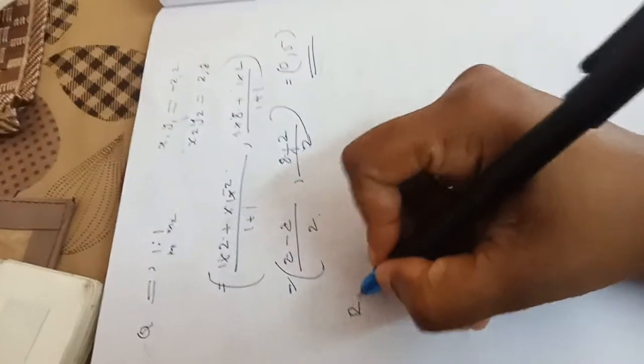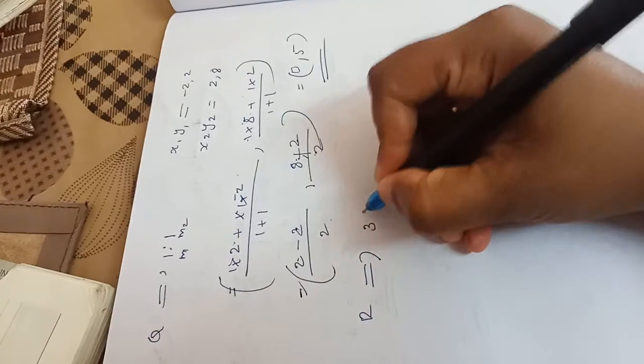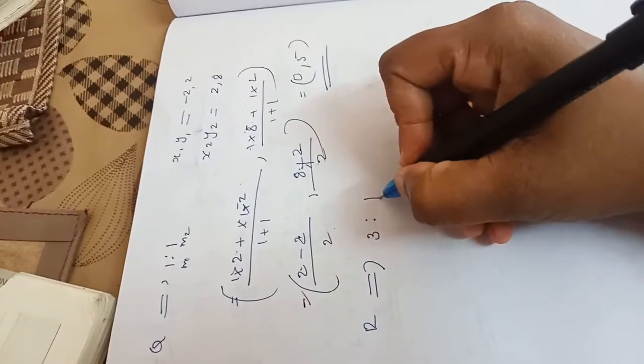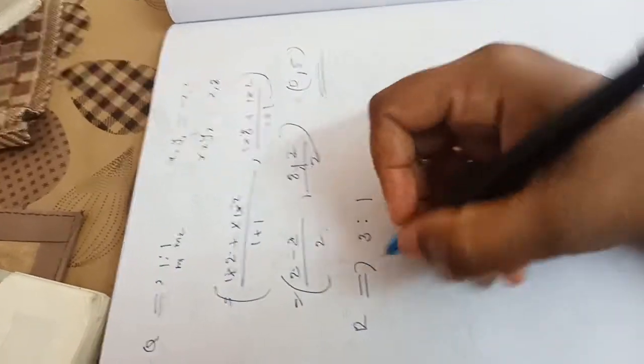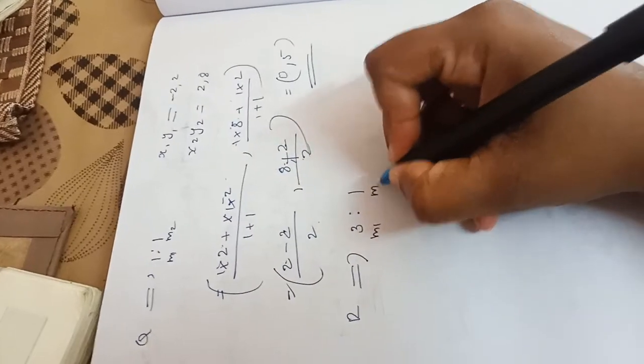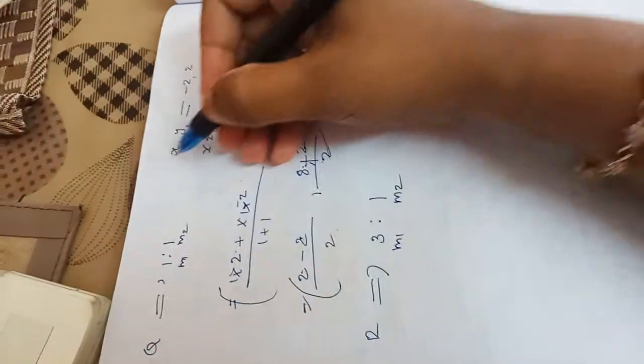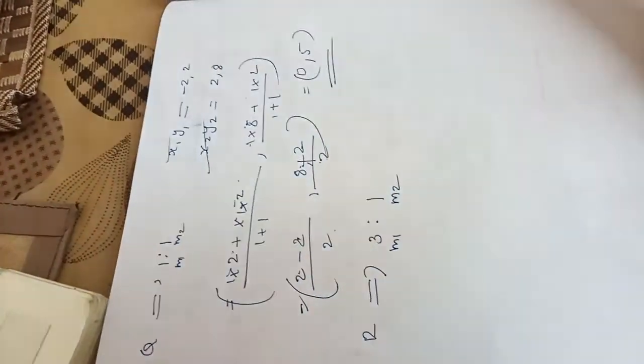For the third point, just like this you can calculate. What is the ratio? 3 is to 1. So m1 is equal to 3, m2 is equal to 1, and the points are the same, no changes.